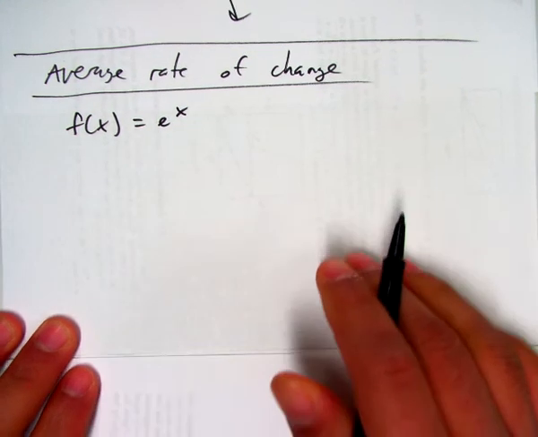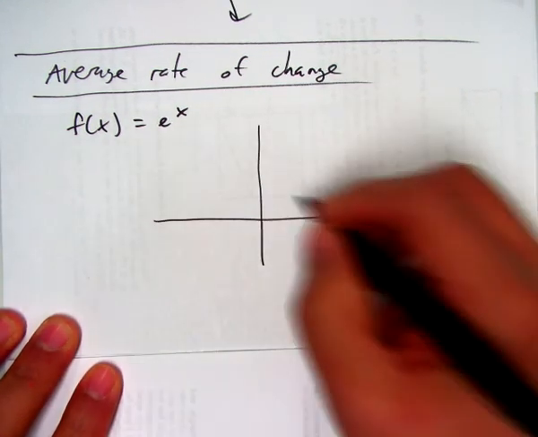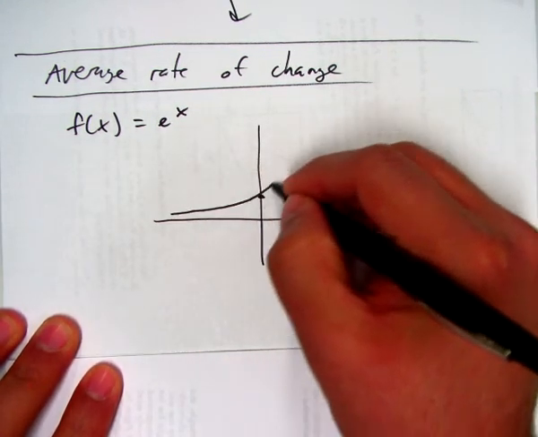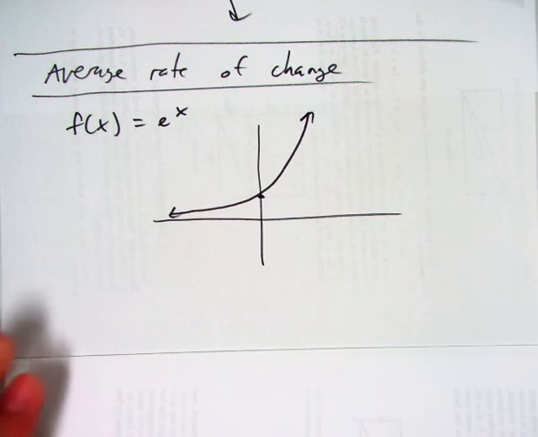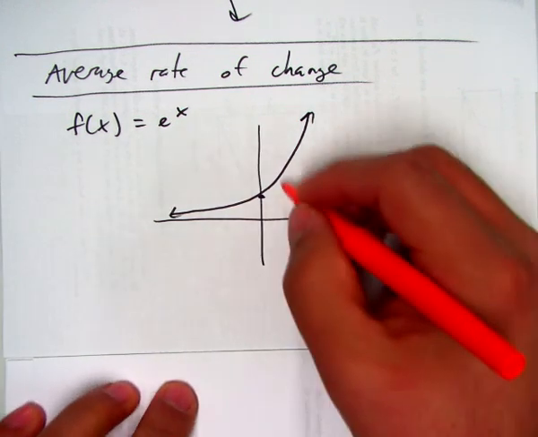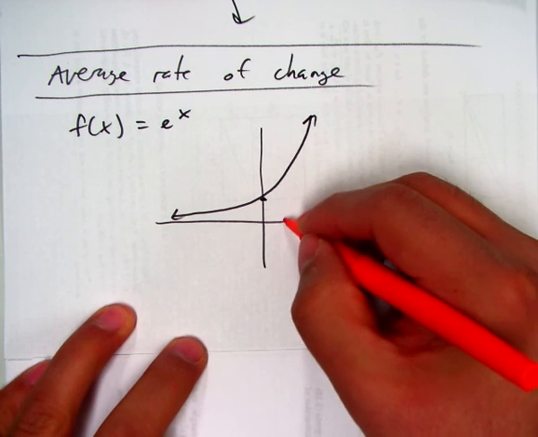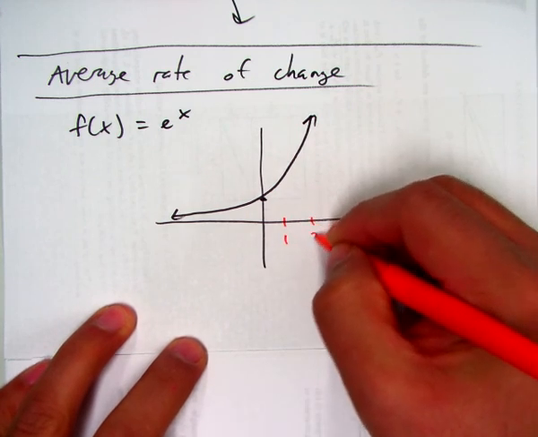If we draw a rough sketch of e to the x, we know it looks something like that. Let's say I wanted to find the average rate of change from 1 to 2.